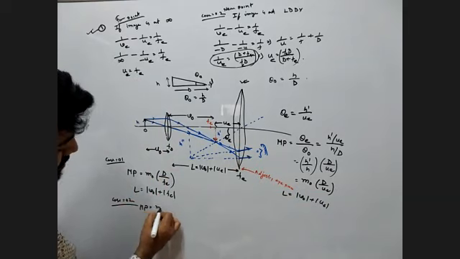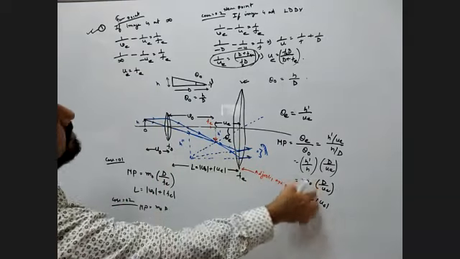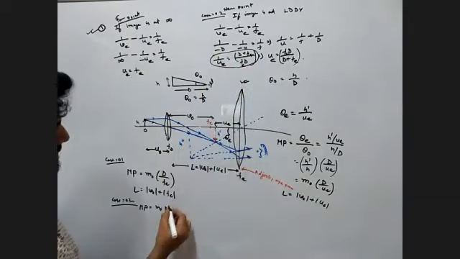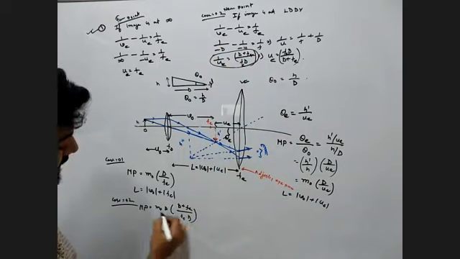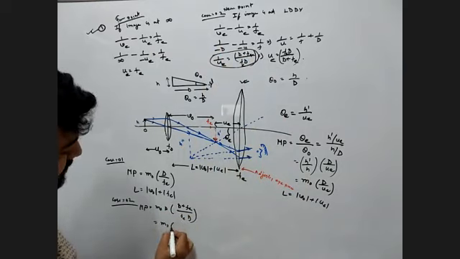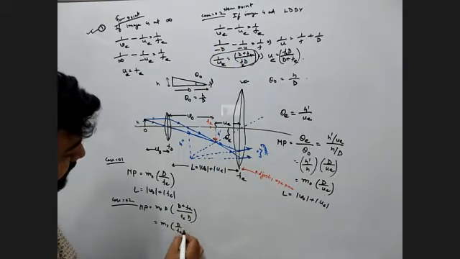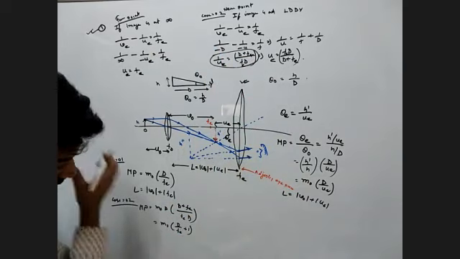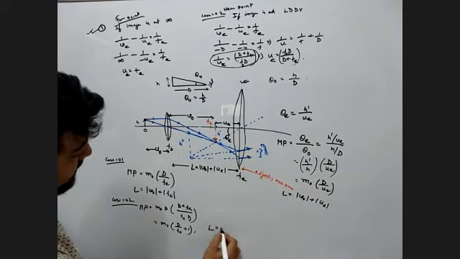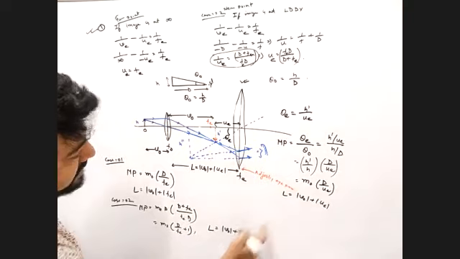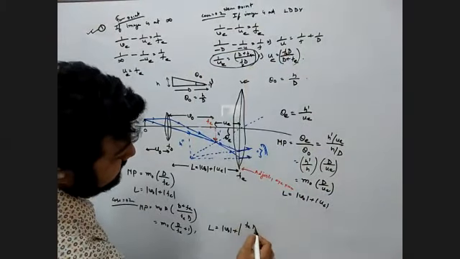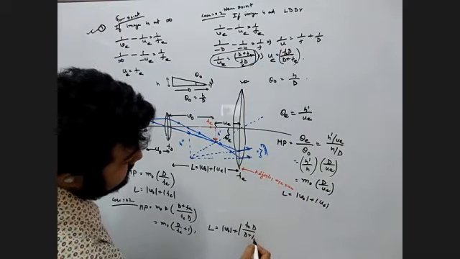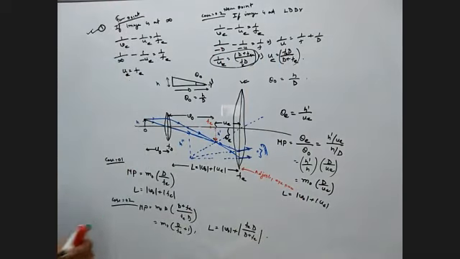Magnifying power m naught d by ue. 1 by ue is how much? d plus fe by fe d. I can cancel d. m naught d by fe plus 1. Yes or no? And in that case, what is L? V naught plus ue. Ue is how much? Fe d by d plus fe. Yes or no?